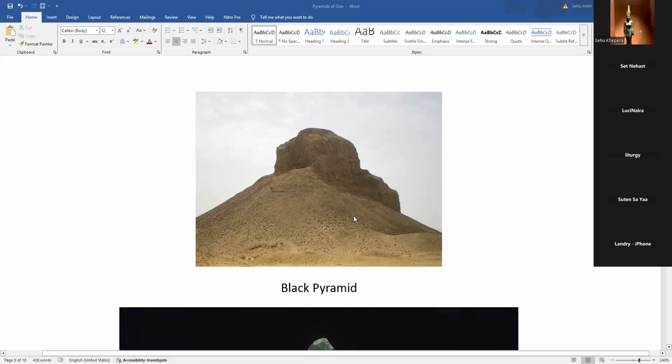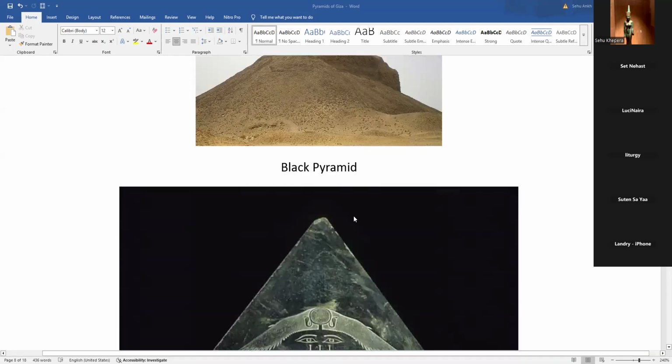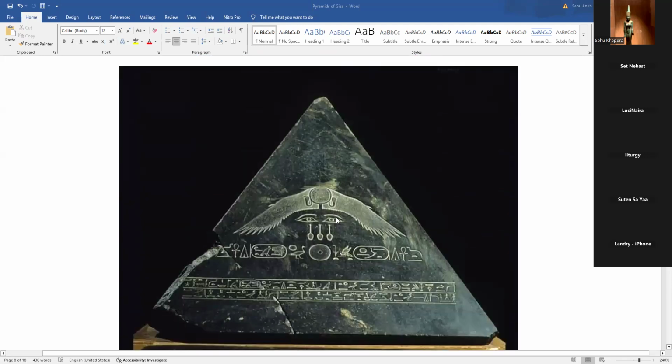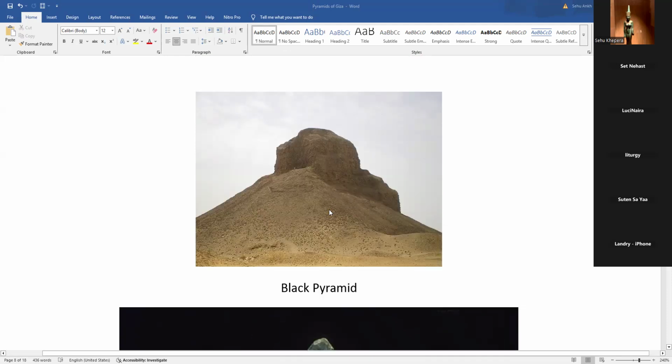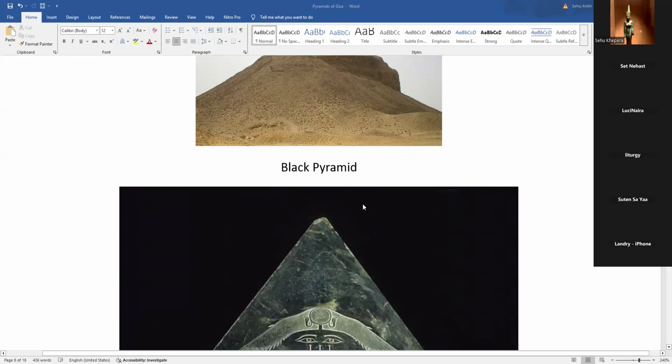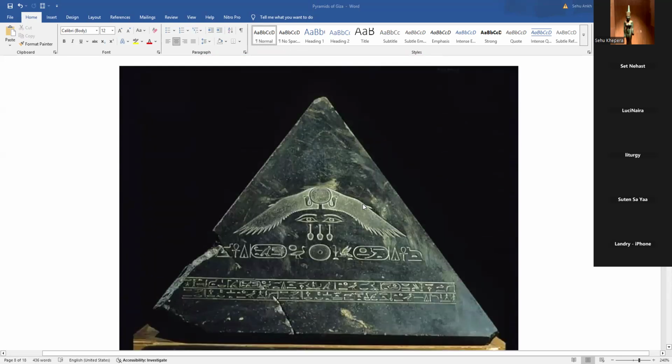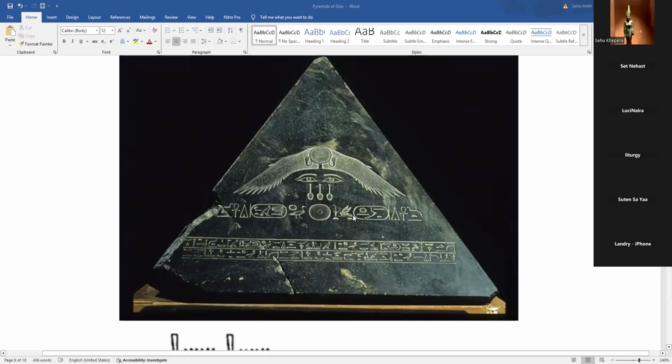And the reason why we're turning there is because of this structure. This structure was found near this pyramid. And the Kemetic term for this is a benben.